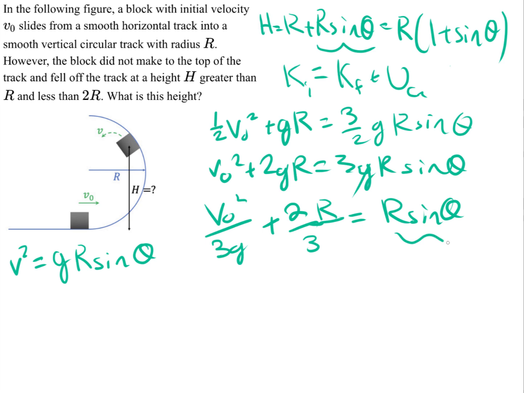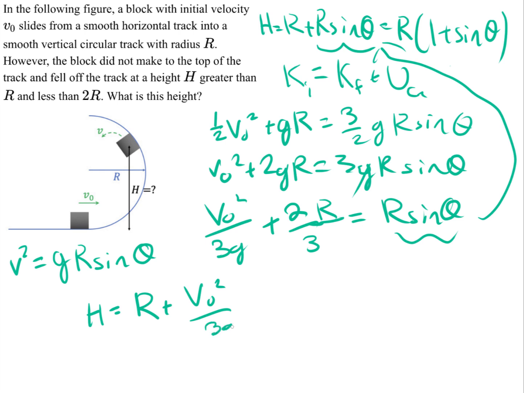So now we can plug this back in to our original equation up here. So the height is equal to the radius r plus r sine theta, which we found to be v naught squared over 3g plus 2/3 r.